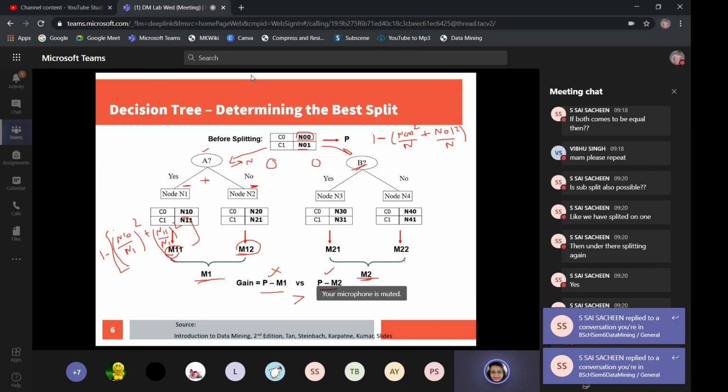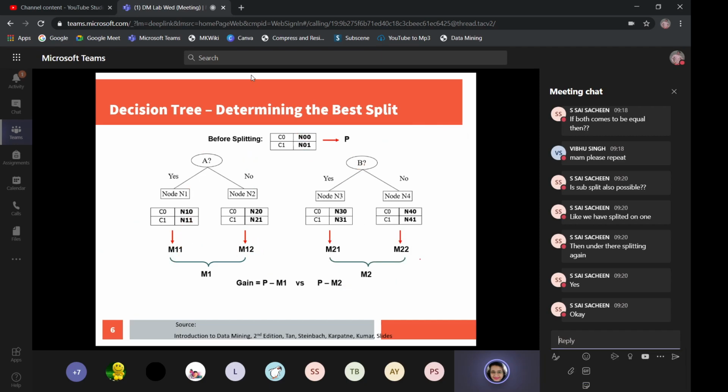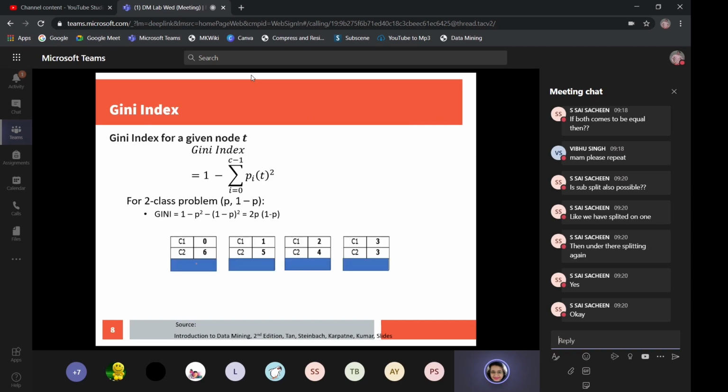Okay, Vibhu, let's start again. I think it's better with an example. So when we are computing the Gini index and you want to split the records, now there are 10 records, Vibhu.